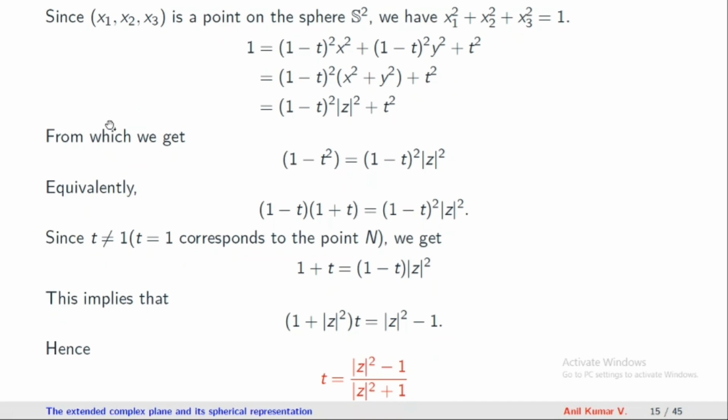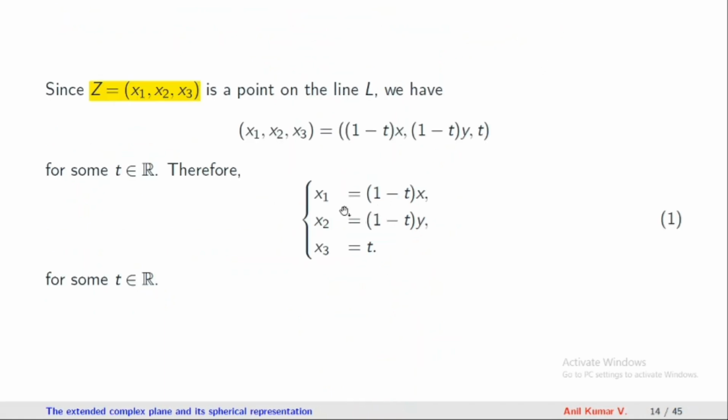But note that (x1, x2, x3) is a point on the unit sphere. So we have x1 squared plus x2 squared plus x3 squared is equal to 1. But here we have x1 is equal to (1 minus t) x, x2 is equal to (1 minus t) y, and x3 is equal to t.